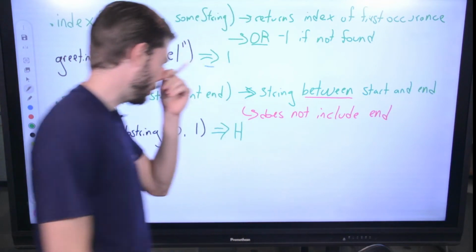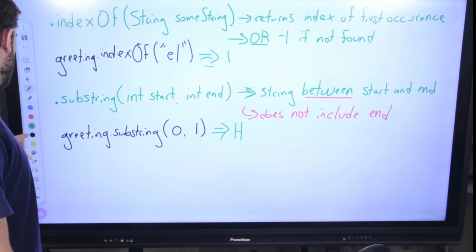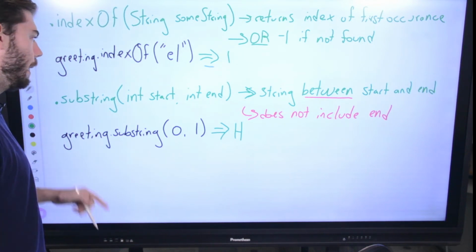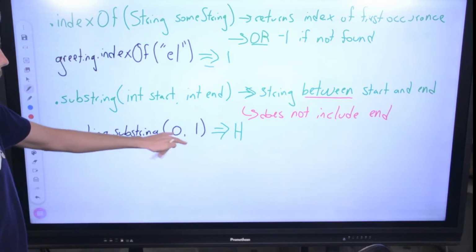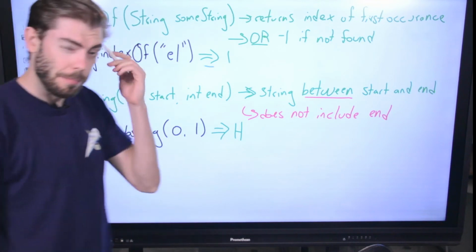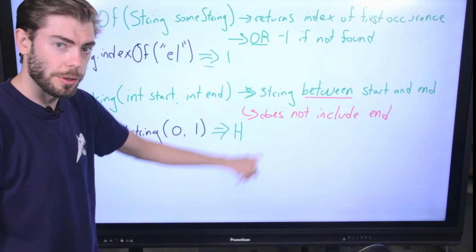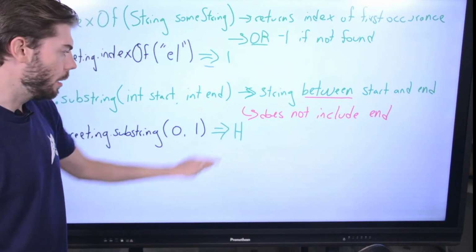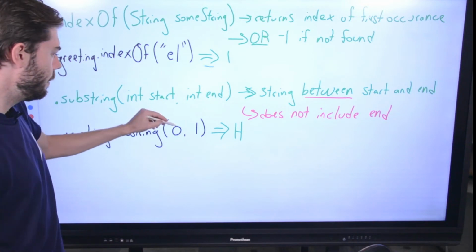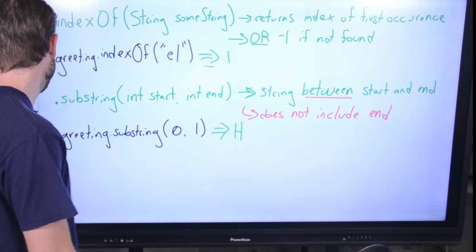It's going to return H. A way to think about this is a kind of mental check: the difference between these two numbers is the number of characters that you should get out in your output. So the difference between 0 and 1 is one character. So there's one character as our output.